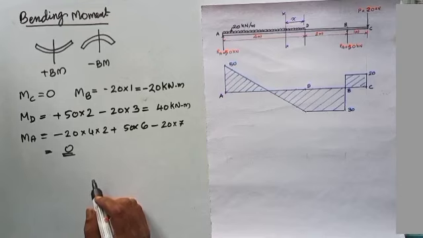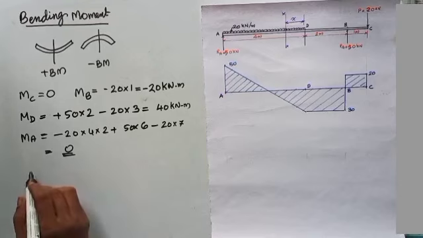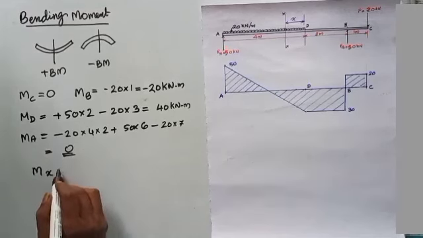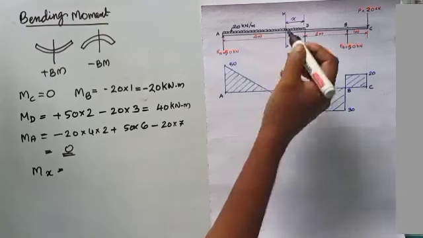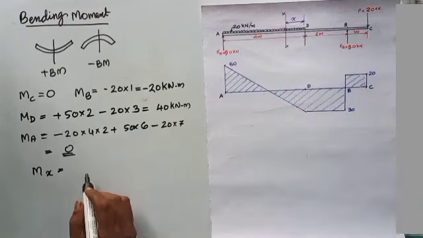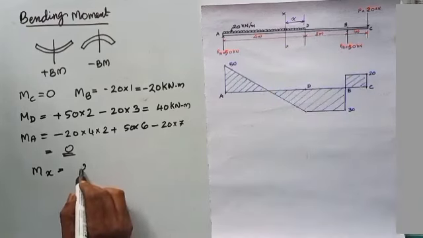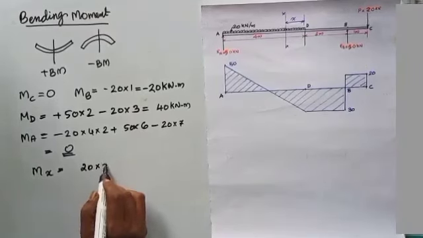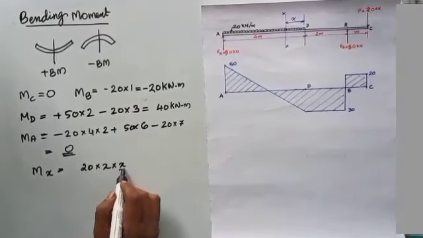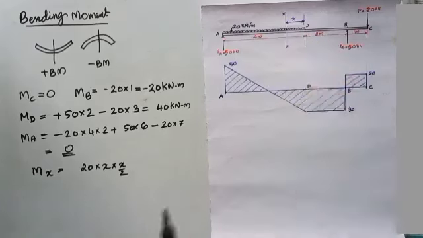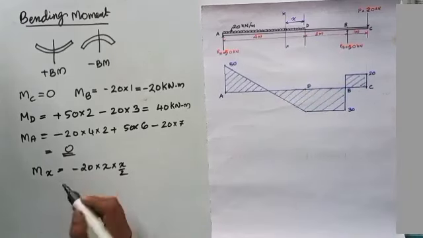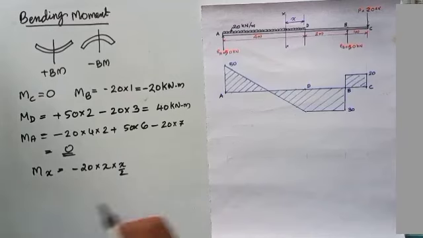Now we can find the bending moment at the section, Mx, which is equal to bending moment due to the small load in this distance x, equal to 20 into x into x by 2. This load will be acting the right side downwards, so that will be minus. Then we consider 50 kilonewton right upwards.